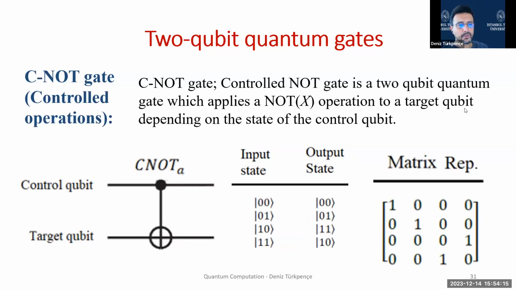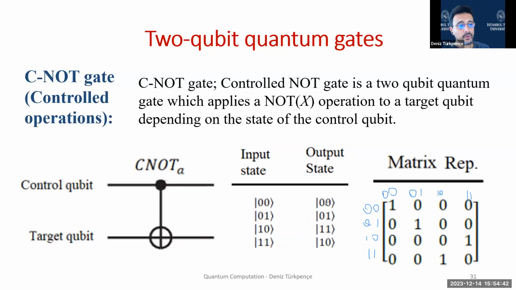Here is the matrix representation of this gate. If I write here, you can also apply it. The rows and columns are 0, 0, 0, 1, 1, 0, and 1, 1.